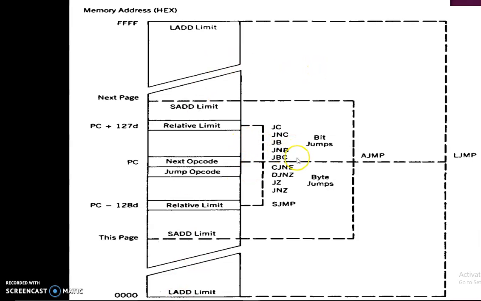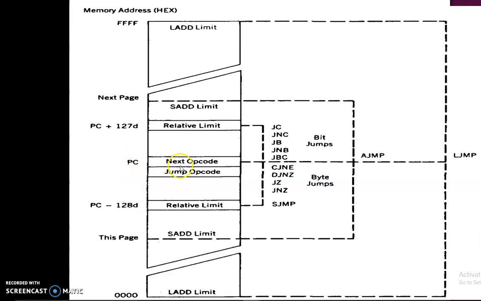Whenever you are writing an assembly language program, you may use some jump instructions. S jump has bit jumps as well as byte jumps. The S jump range is a relative range, nothing but from PC to plus 127 displacement, or PC to minus 128 displacement.